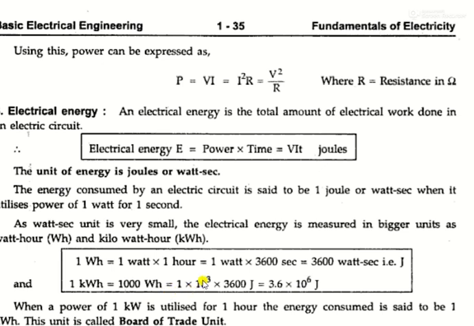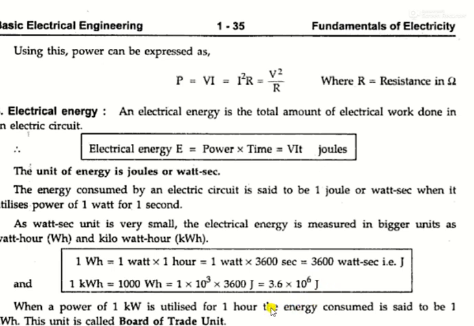How does it come? 1 into 10 to the power 3 into 3600 from the above line. So the power goes on increasing as the number of zeros goes on increasing. So 3.6 into 10 to the power plus 6 joules.